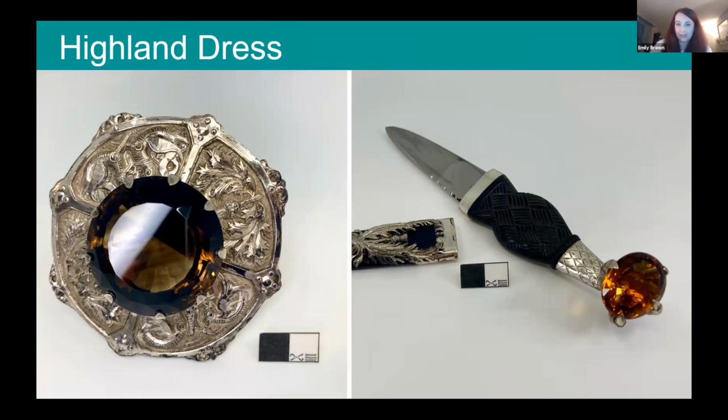So ones including Cairngorm stones and also other pebble jewellery that includes things like agates. And it was due to a variety of factors, including increased trade from railways and the romanticisation of the Highlands, and also a bit by Queen Victoria, who it was reported that Cairngorms were her favourite mineral and that she collected Cairngorms on her trips to Balmoral.